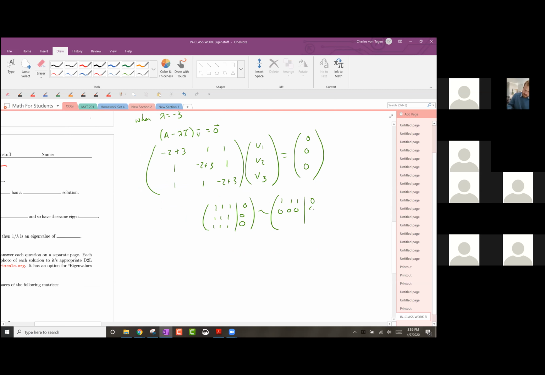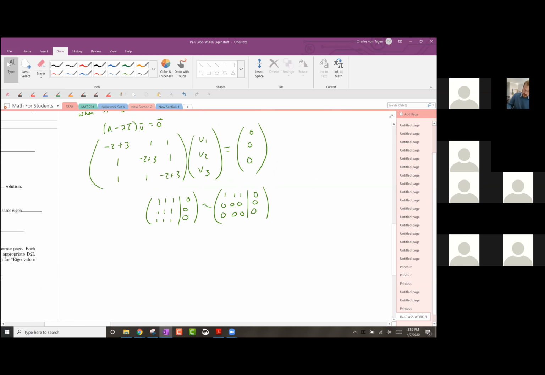Then this will be a row of all zeros, and this will be a row of all zeros. What does this mean, folks? This means that V2, since it's not a pivot row, is free. And V3, since it's not a pivot row, is free. And then V1 is equal to negative V2 minus V3.